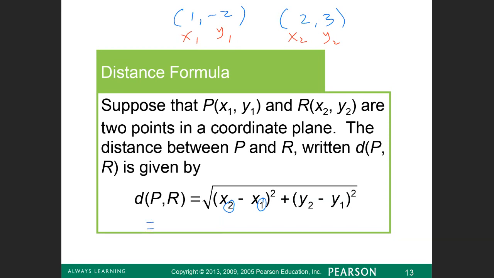So you just go, it's a radical or square root of x2, our x2 is 2, minus our x1 which is 1, then squared, plus y2.